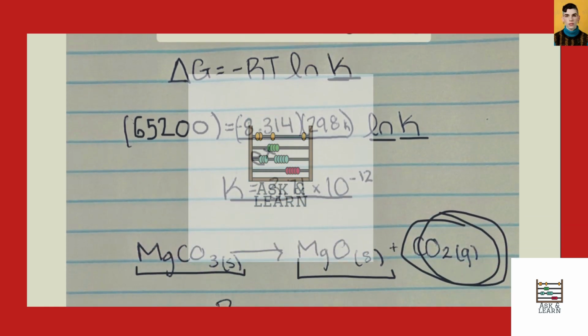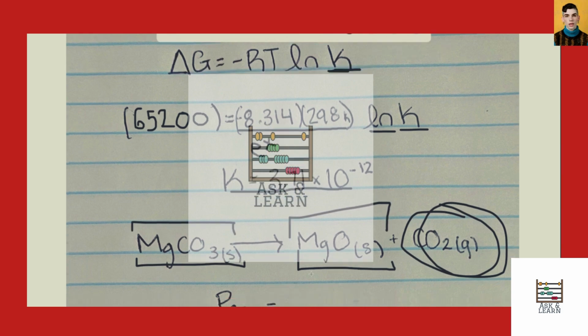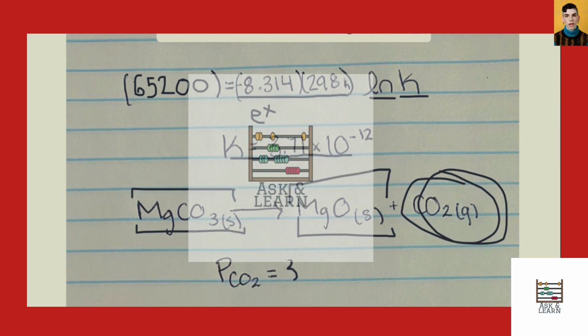Since everything else in this equation is a solid, we can assume that PCO2 is equal to 3.71 times 10 to the negative 12 ATM. Sorry, that's very messy.